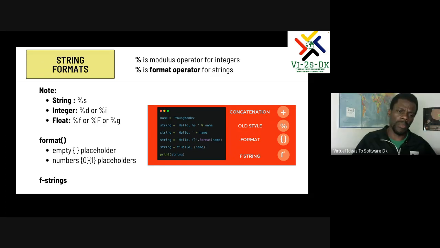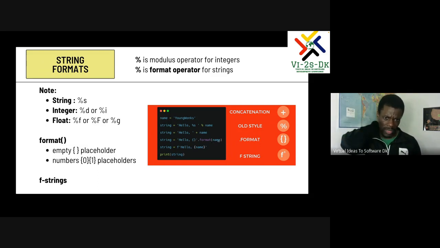So this format method, or should I say format function, actually does work by creating an empty placeholder, as you see in this case on line number 4. Here we say the string hello, and the empty curly braces represent whatever you have in your format, so that's representing name.